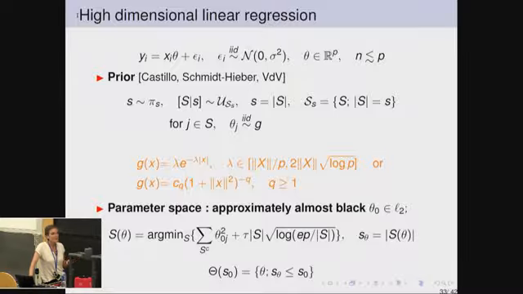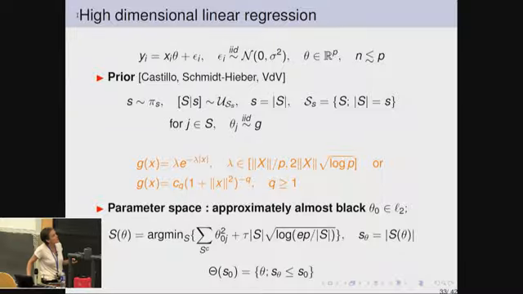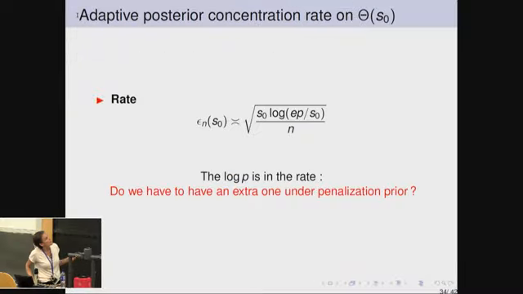So it doesn't mean that you have to be 0 or non-zero. It's slightly more general than that. You have a small number of large coefficients, the coefficients that you could typically estimate, essentially. And now, if you do that, then the minimax rate of estimation is of order square root of s_0 log p over n. And there is a theory on that.